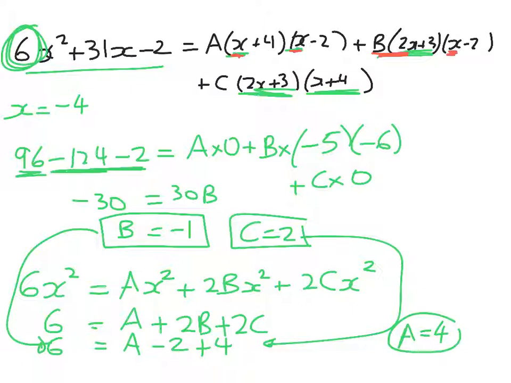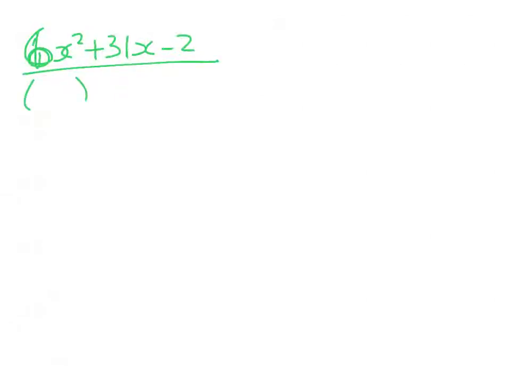Okay, and so now our final answer is this. 6x squared plus 31x minus 2 divided by those three factors, which were x plus 4, I've put them in the wrong order now, haven't I?